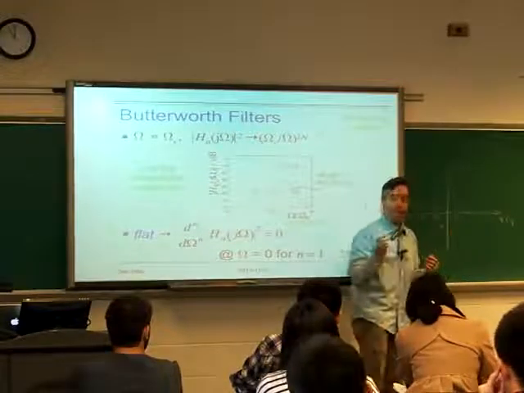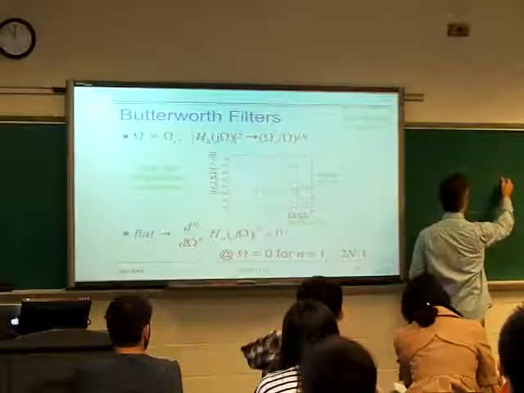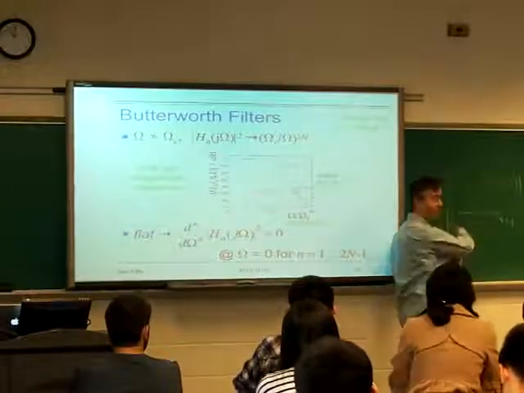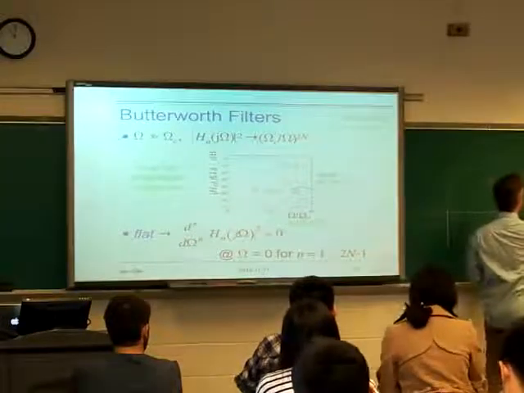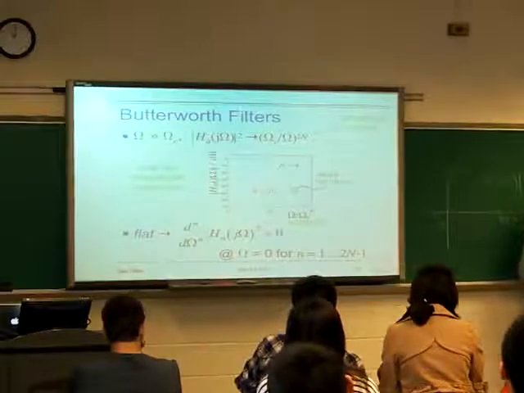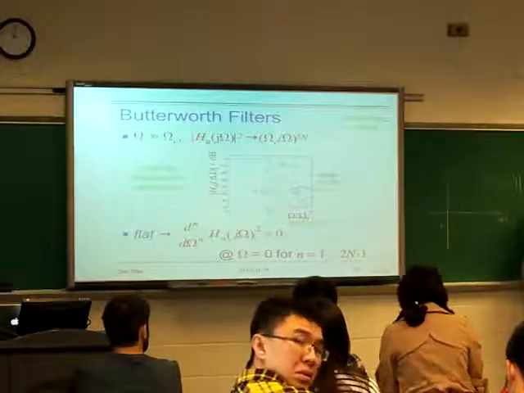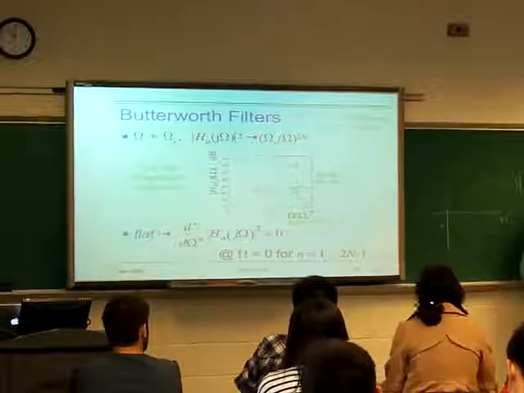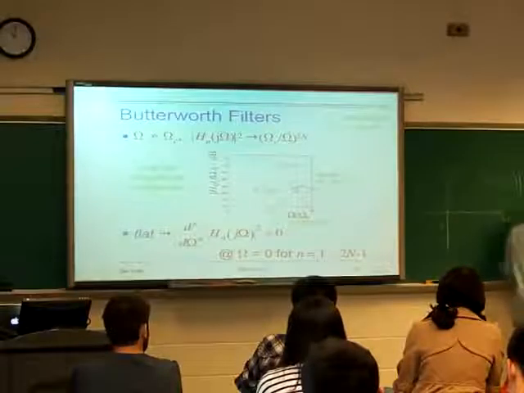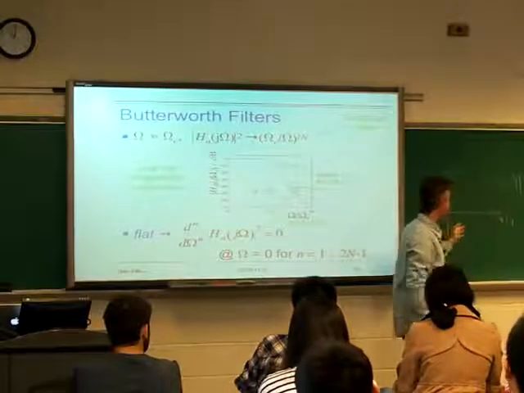And now I want to do the same thing of saying, well, what is the magnitude of H of j omega? H of j omega is going to be the product of these poles, so the product of 1 over s minus lambda i. So this is a pole at lambda i, and if I have a set of poles, they're multiplied together.